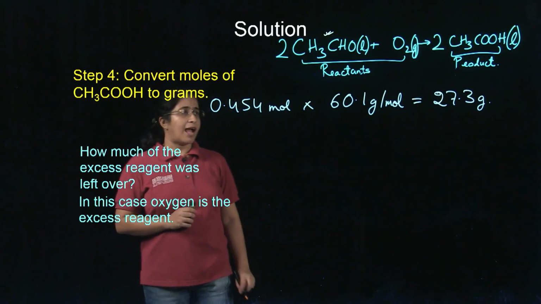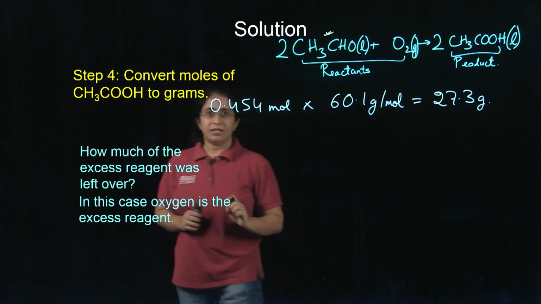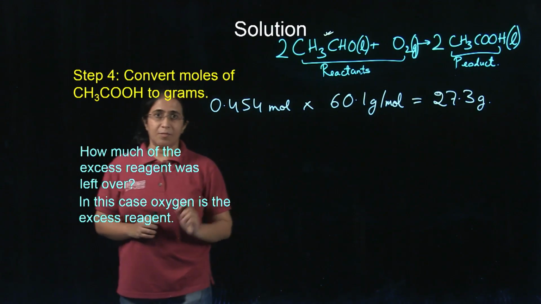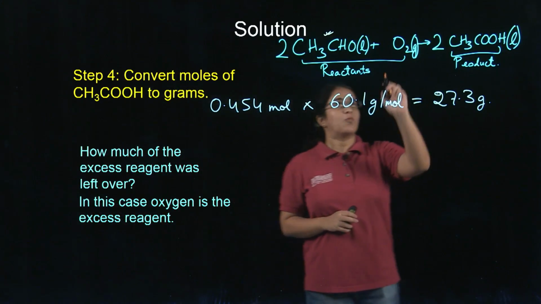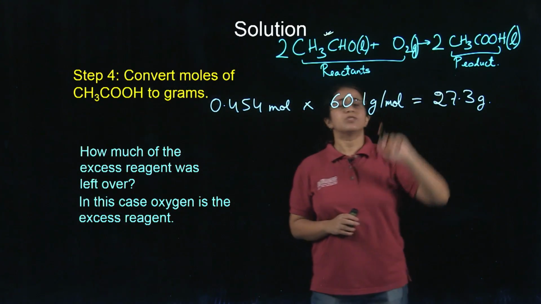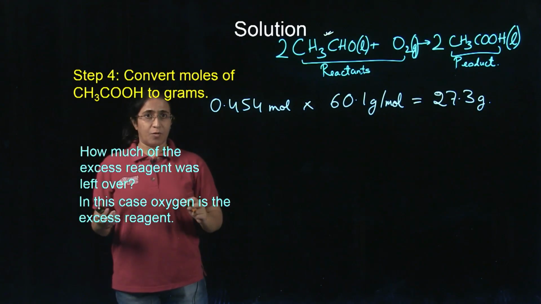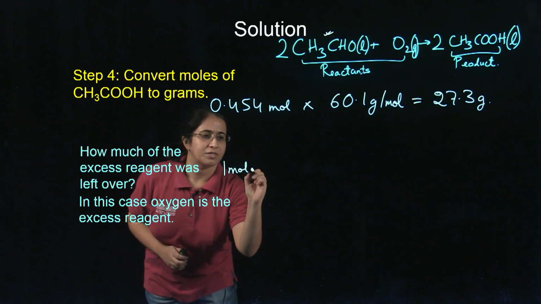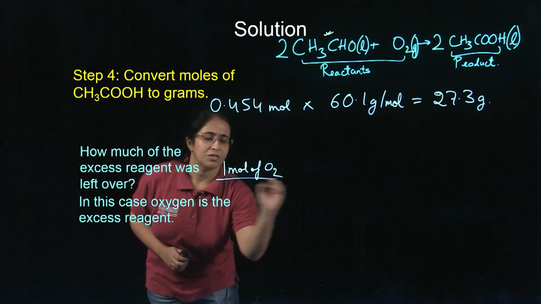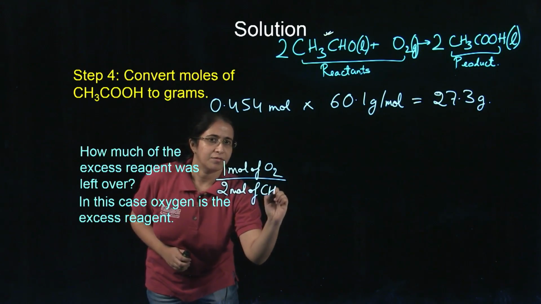So to find that out, we need to first calculate what is the mass of oxygen that is consumed during this chemical reaction. Now we look at the reaction stoichiometry. So 1 mole of oxygen gives 2 moles of acetic acid. We can write this information in the form of a ratio. That means 1 mole of oxygen gives 2 moles of acetic acid.